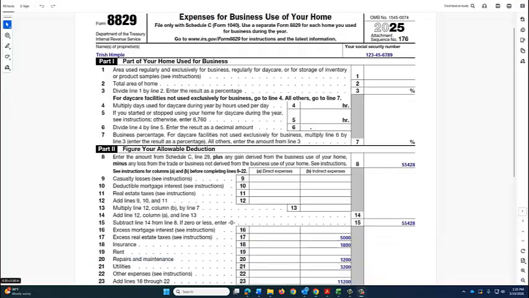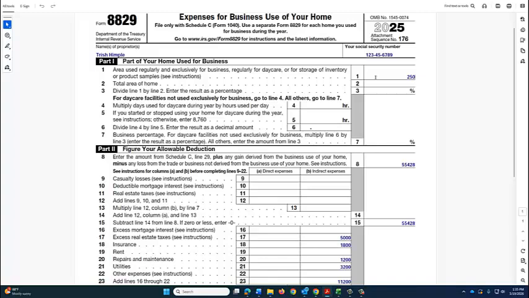Number 1 asks for the area used regularly and exclusively for business. So if you claim a home office expense, you have to make sure that the area that you use is used 100% for your business. You can't have a bed in there.